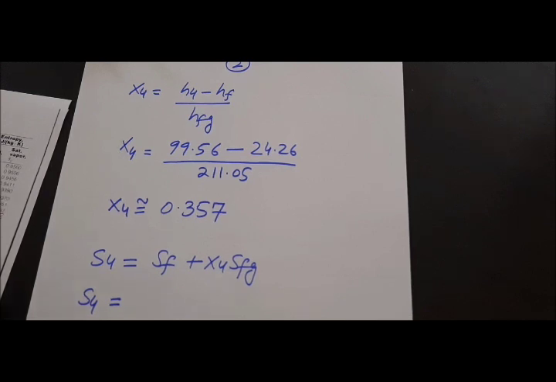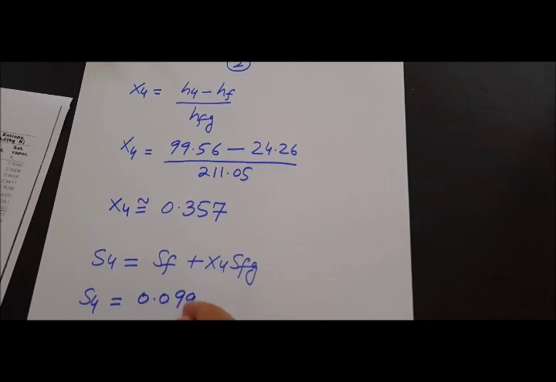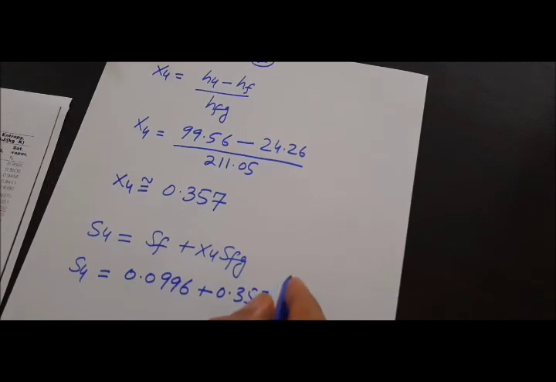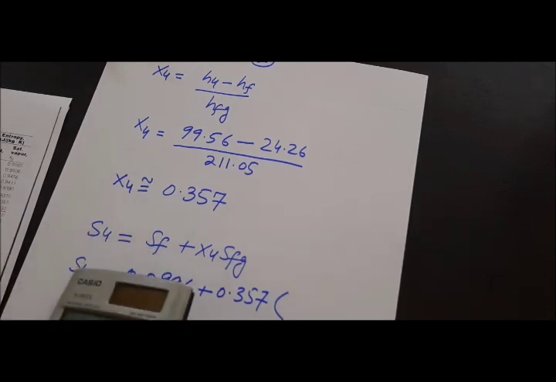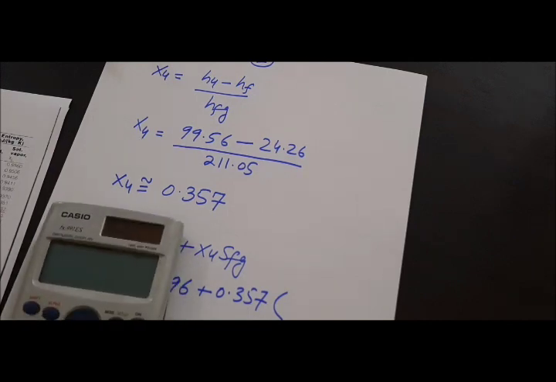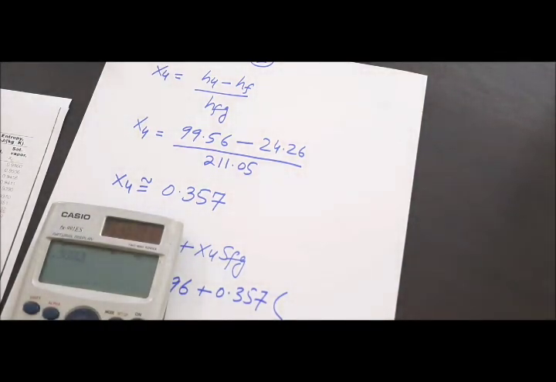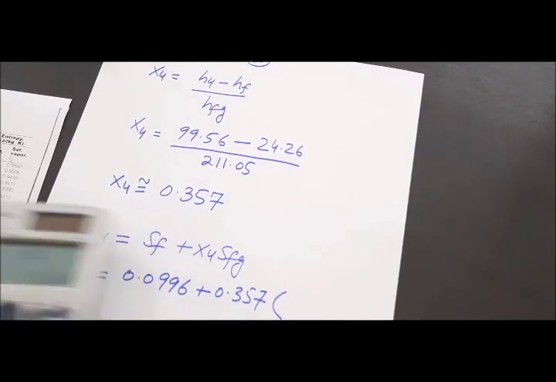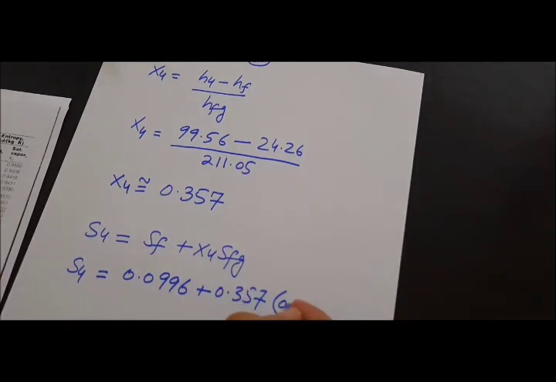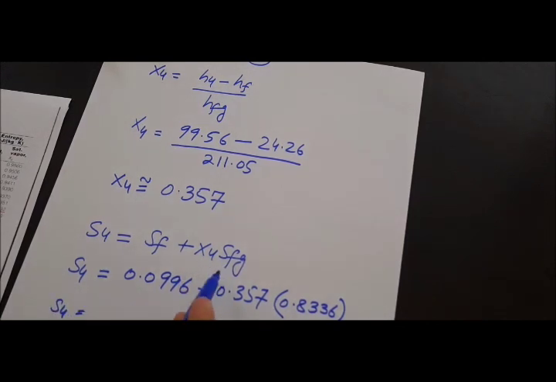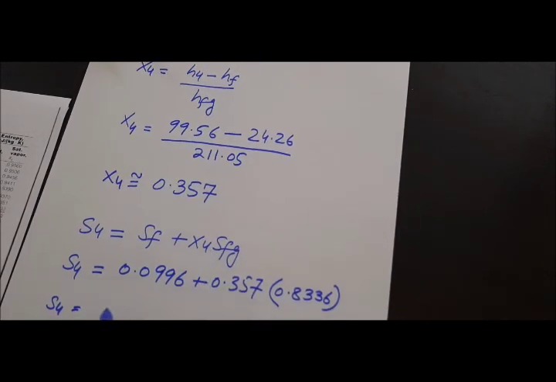SF is 0.0996 plus X4 is 0.357 and SFG is 0.8336, where SFG is SG minus SF.